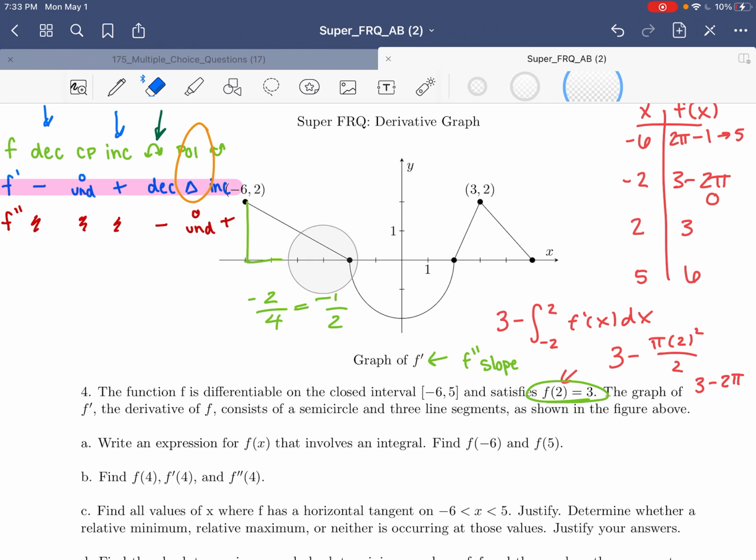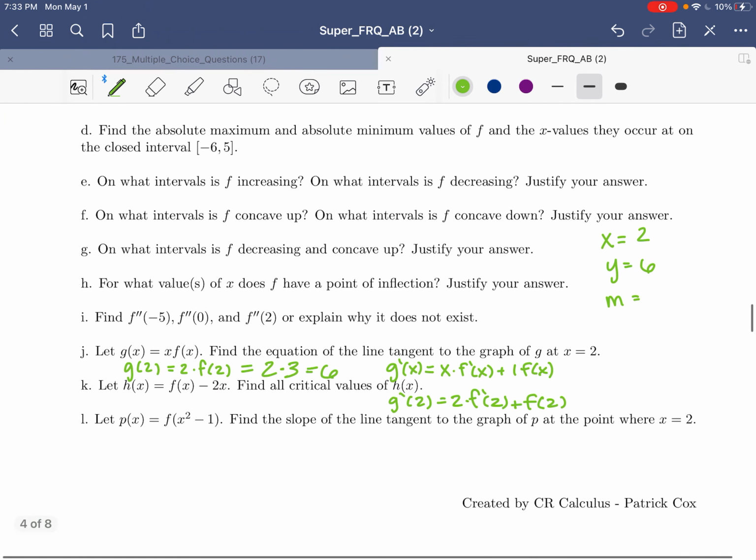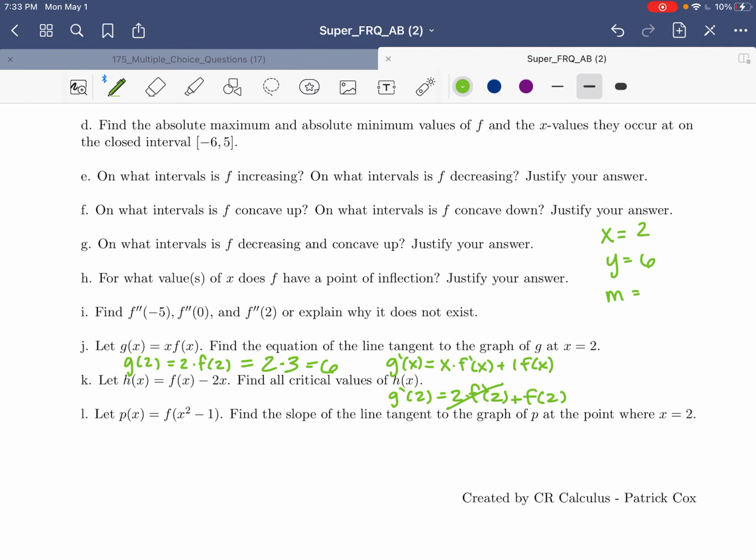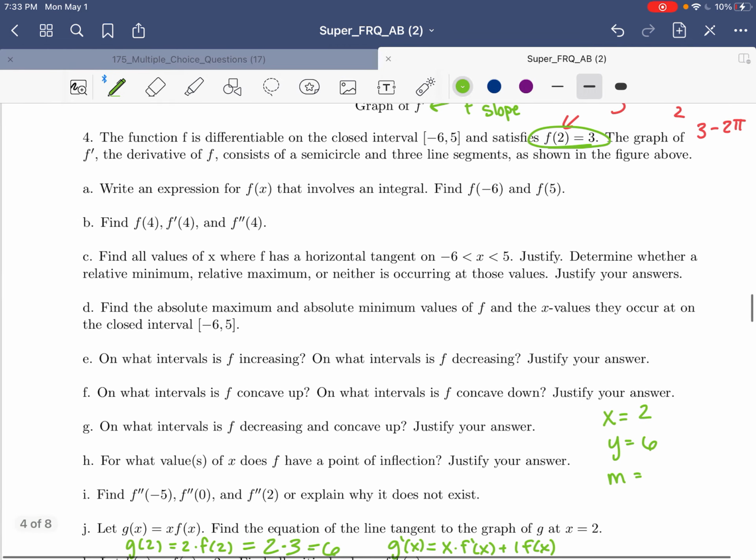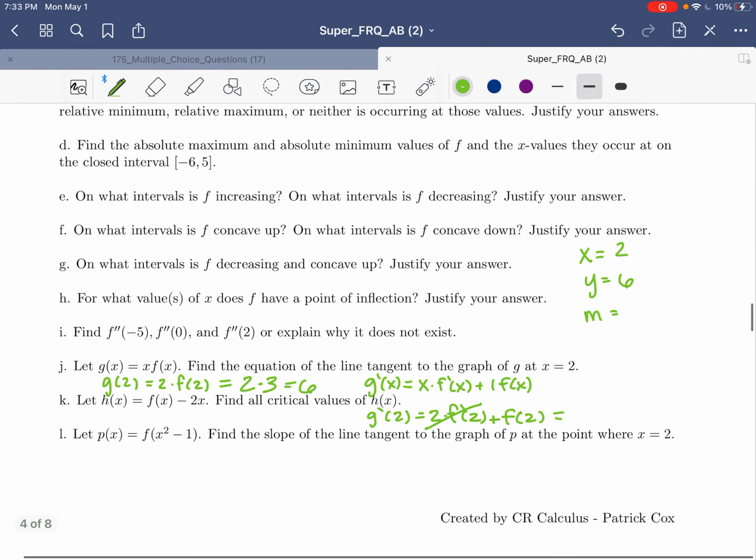This is the graph of f prime, and I can see at 2, my y value is 0. So f prime of 2 is 0, which makes that go away. And I know that f of 2 equals 3. So my slope is just going to be 3. Then my tangent line is y minus 6 equals 3 times x minus 2.